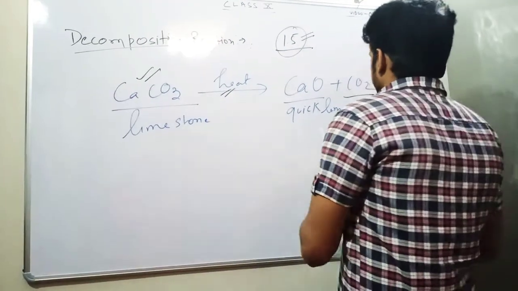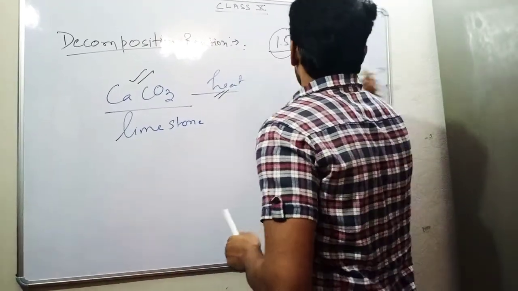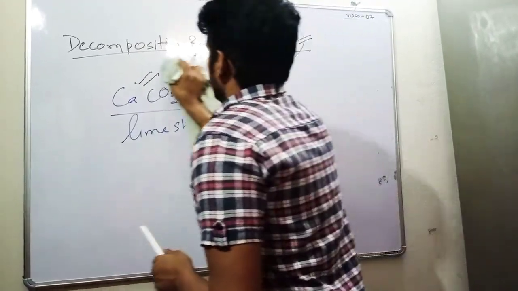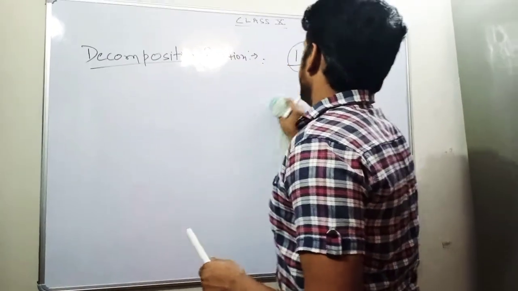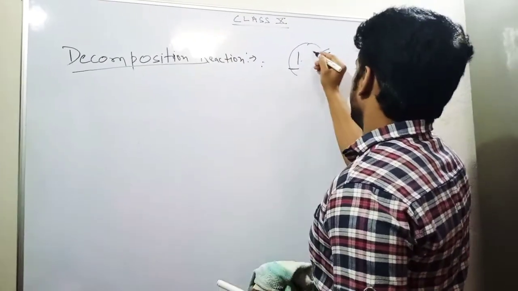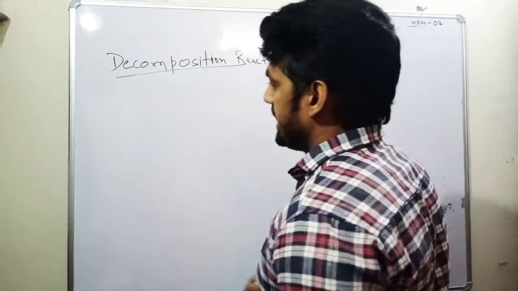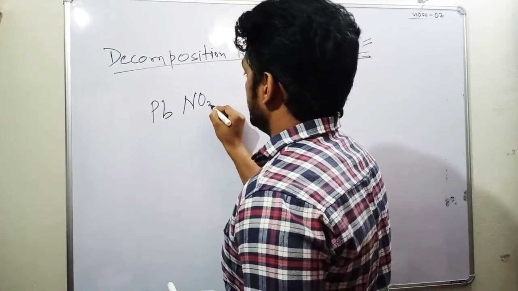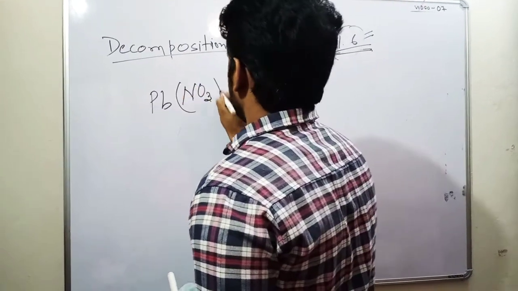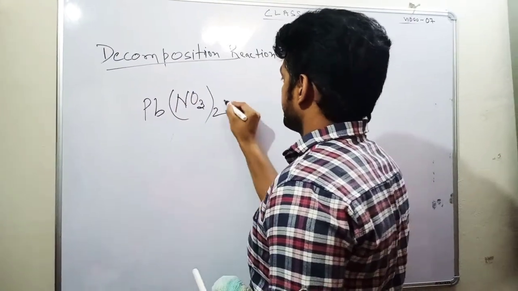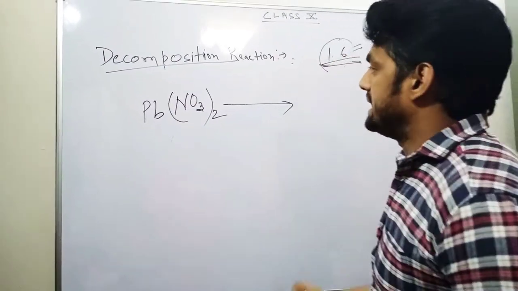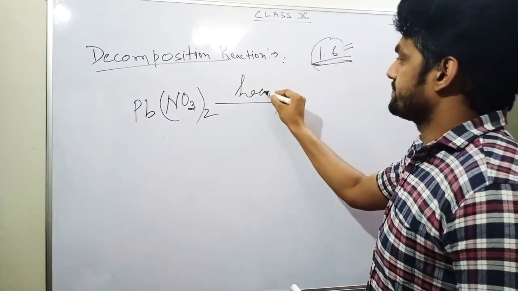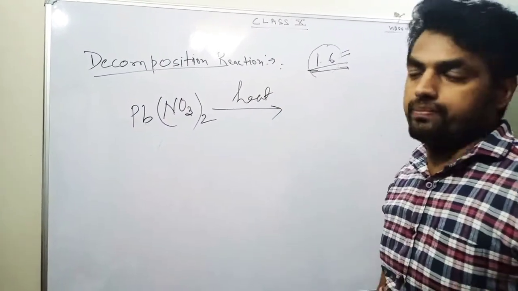Now we will take activity 1.6, which is given in our NCERT book. That is lead nitrate, Pb(NO3)2.